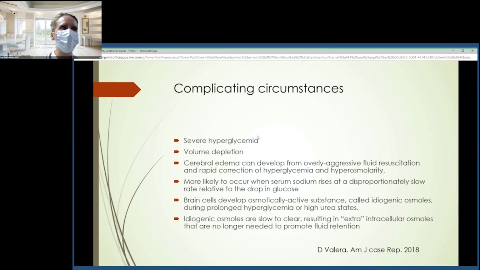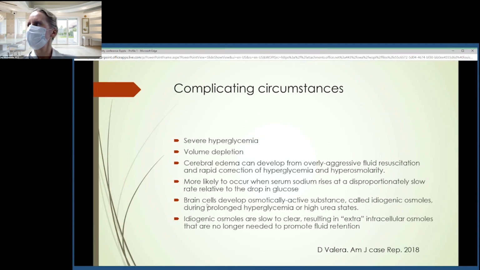It is also more likely to occur if the sodium is going up slower than the urea is going down, so if somebody is hyponatremic. During dialysis the sodium will go up, but if it's not going up and you accidentally choose a low sodium bath, that will contribute too.